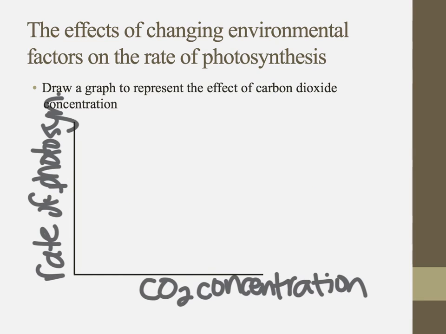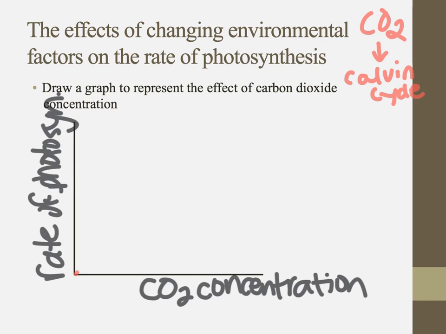And now let's take a look at our last factor, carbon dioxide concentration and the rate of photosynthesis. So we know that carbon dioxide is needed for the Calvin cycle, which is our light independent reaction. So if I don't have any carbon dioxide, I can't produce any glucose. I don't have the carbons that I need.